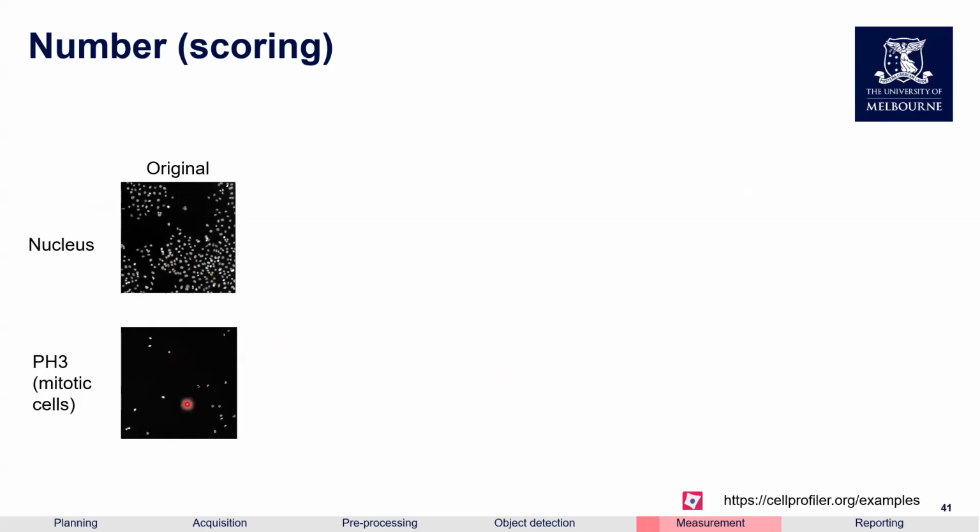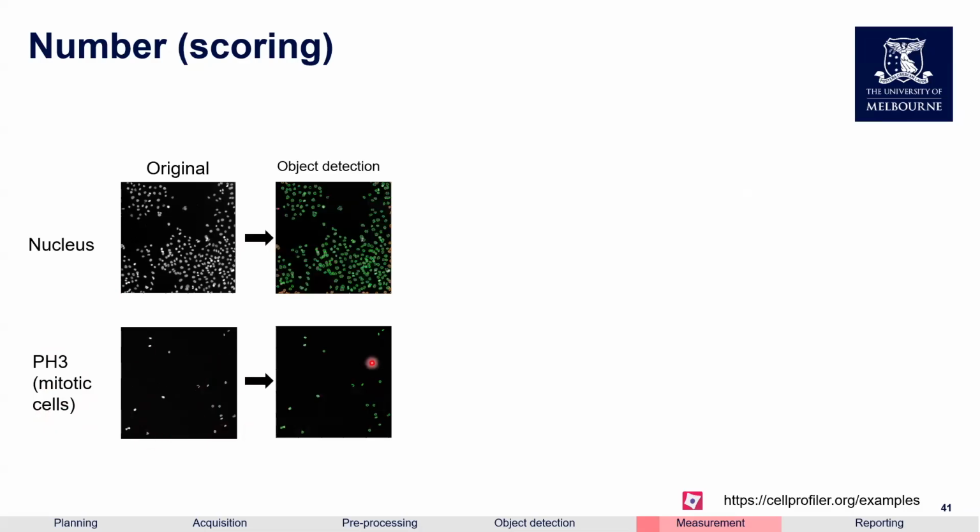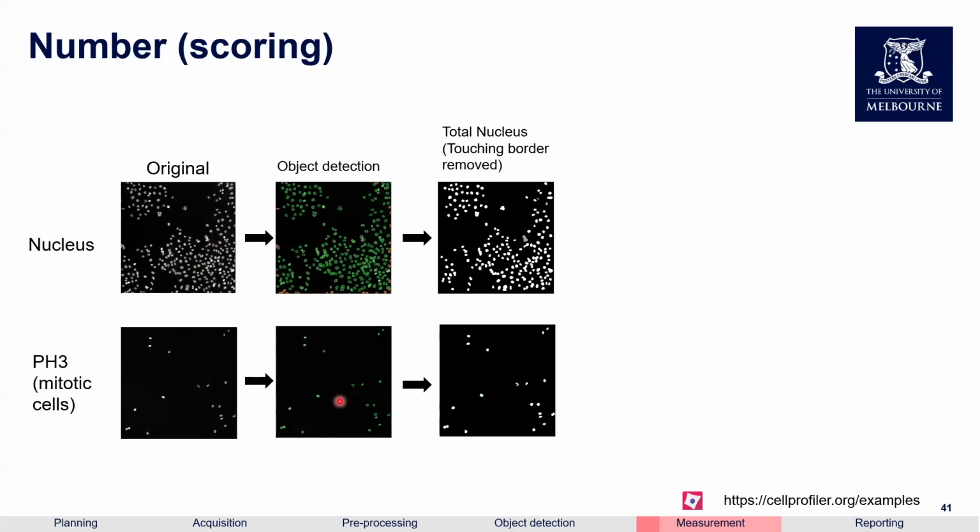The second channel shows phosphorylated histone staining, which is the marker for detecting mitotic cells. If we want to count the percentage of these mitotic cells, then of course we first have to detect individual objects for each staining. In doing that, we can also remove the objects that are touching the borders, because often they do not have complete information.